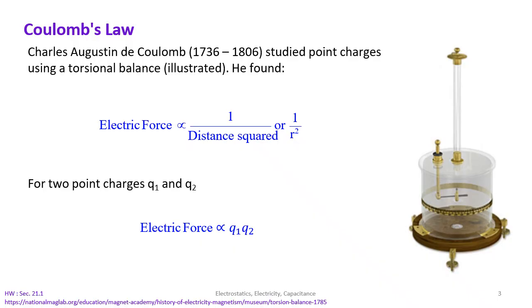Now, it was Coulomb who started to quantify the forces between charges. One important thing he showed is that the force is inversely proportional to the square of the distance between the point charges. So here's charge 1, here's charge 2.